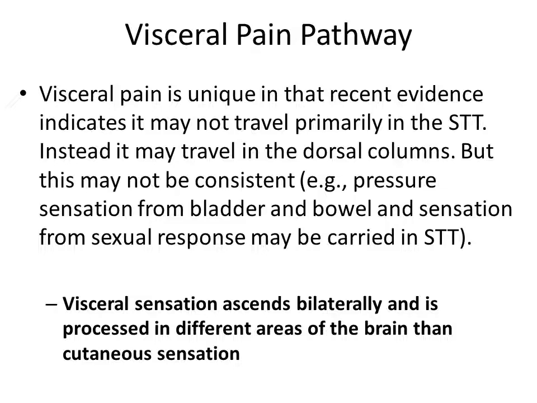And then visceral pain is kind of unique because it may not travel just in the spinal thalamic tract. It may have more than one pathway. Again, I'm not going to ask you to know this. All I'll have you know is that visceral sensation in general appears to ascend in the spinal cord bilaterally instead of just on the contralateral side.